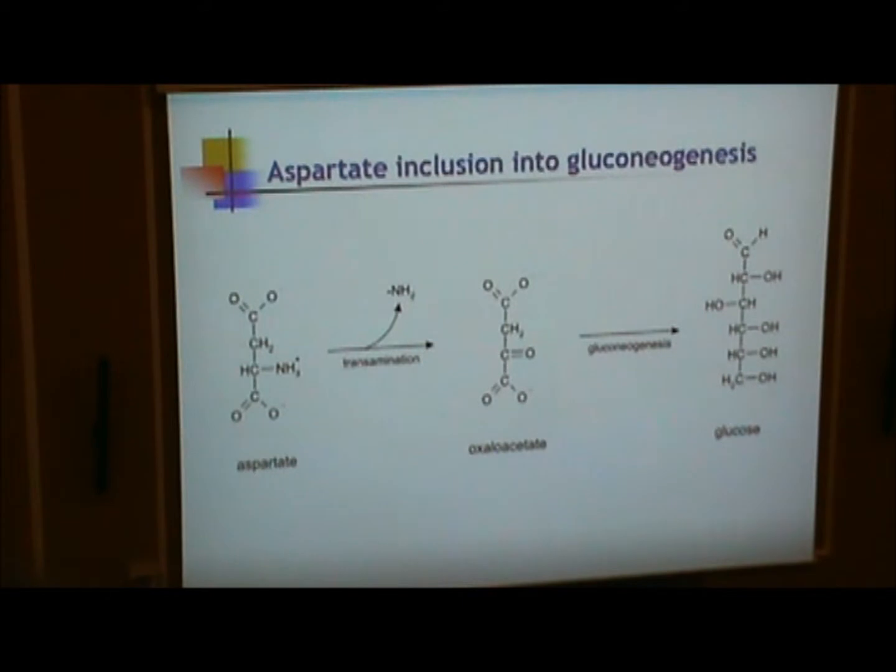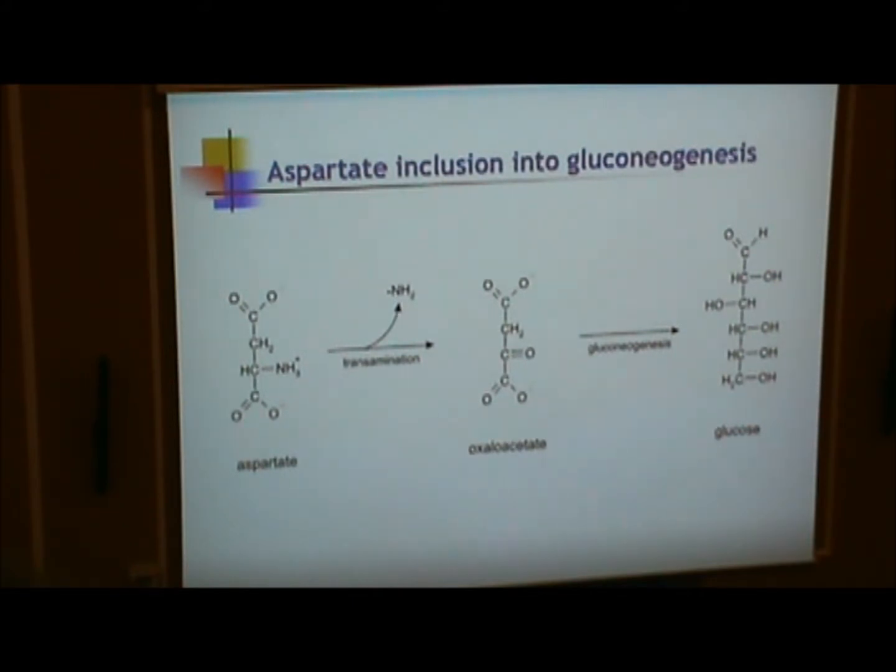And now let's talk about the metabolism of hydrocarbon skeletons of amino acids. So, some amino acids are converted into glucose.